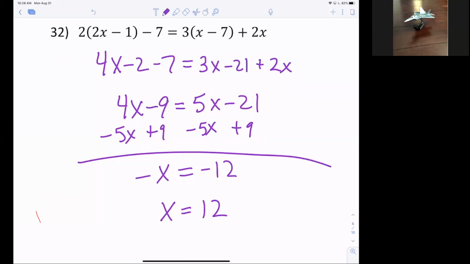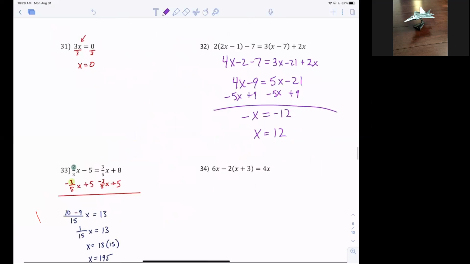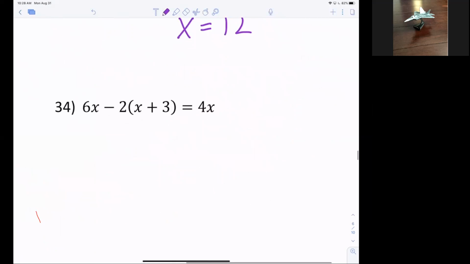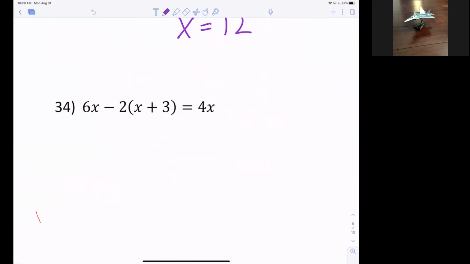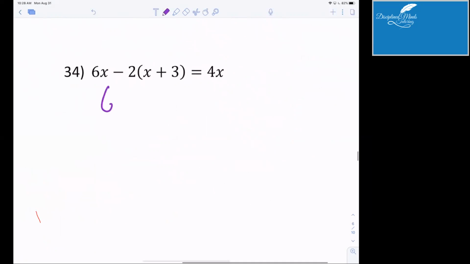Yep. All right, here we go. 34. Jake, why don't you give it a shot? Okay, so 6x minus 2x plus 6. Plus 6? Wait, 2 times 3, 6. Thank you. But I'm multiplying negative 2 times 3. Oh, negative 6.